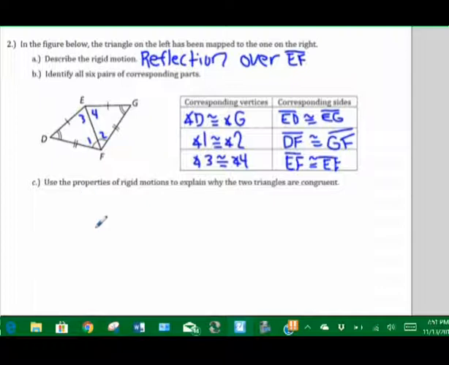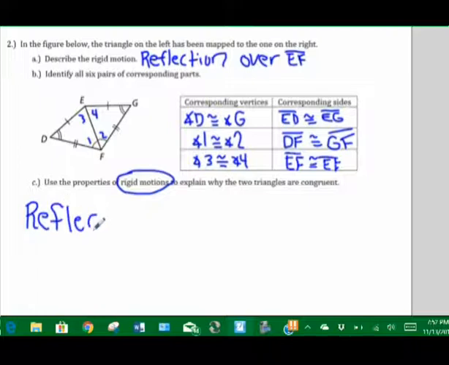Last but not least, part C. Use the properties of rigid motions to explain why the two triangles are congruent. How do we know the triangles are congruent? Well, first of all, whenever it says about a rigid motion, list what the rigid motion is, so we know it's a reflection. And we just talk about the two things that are preserved in a reflection.